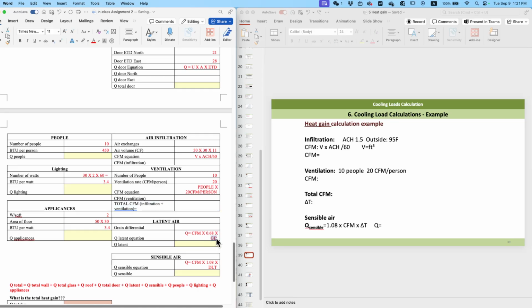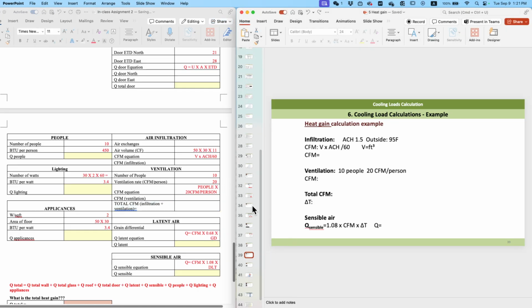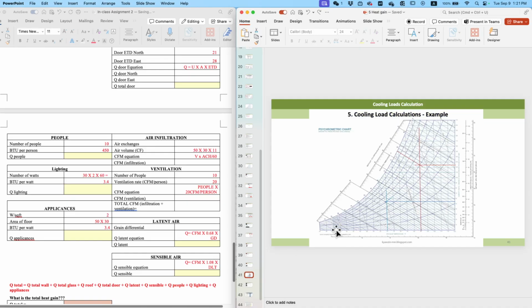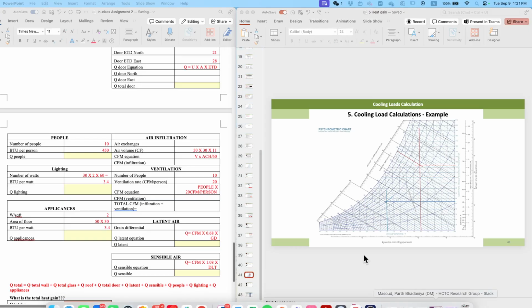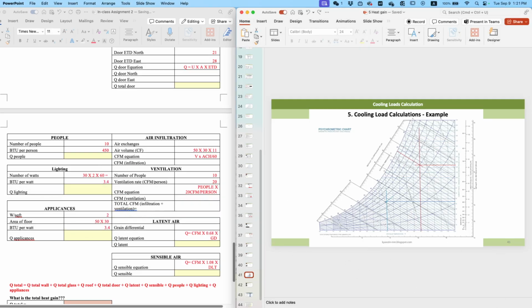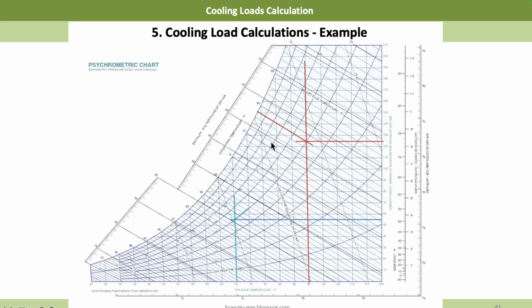So this CFM is the total CFM. And what's a GD? Go to the psychrometric chart. Outside, what are the outside conditions? Dry bulb temperature is 95 and wet bulb temperature is 79.